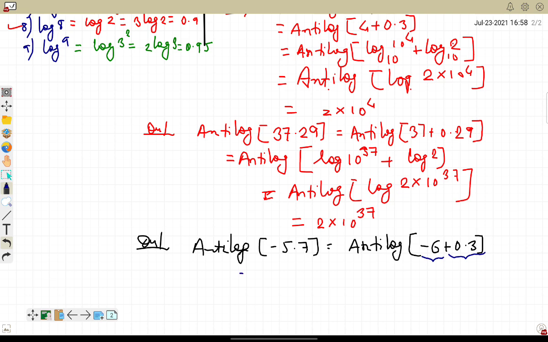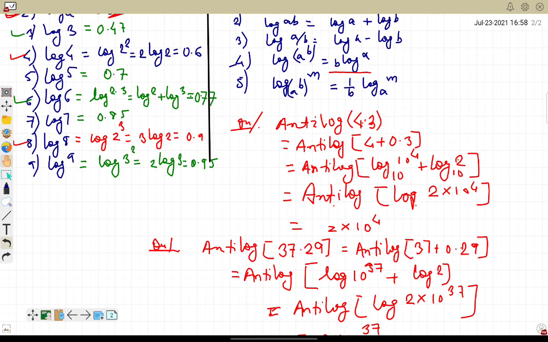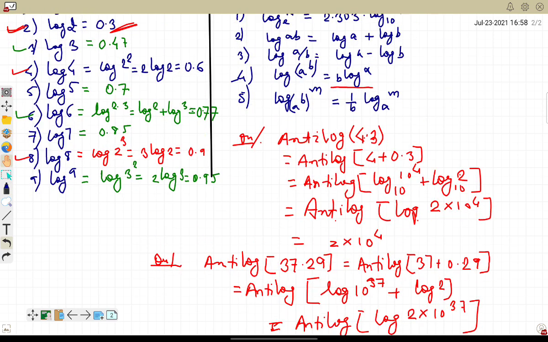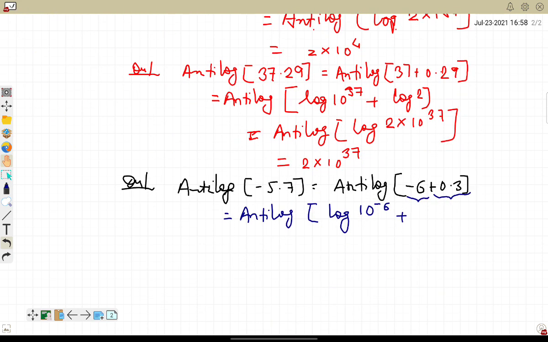So next step, antilog, and how can we write minus 6 in log form? We need to write log 10 raised to the power minus 6, plus, in place of 0.3, we need to select log 2. So right here replace the value of 0.3 by log 2.